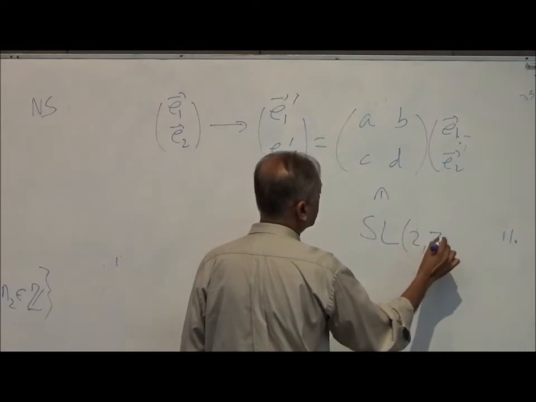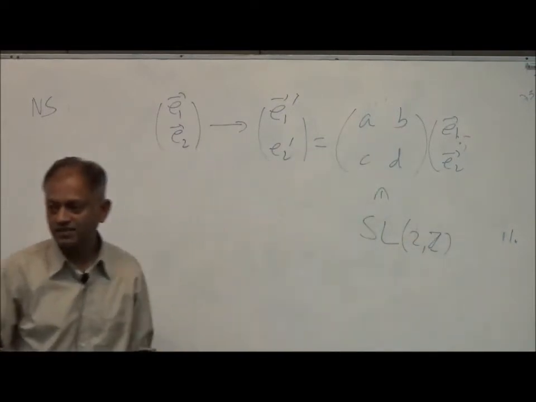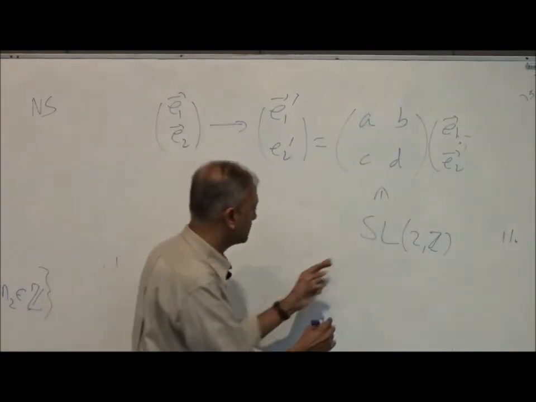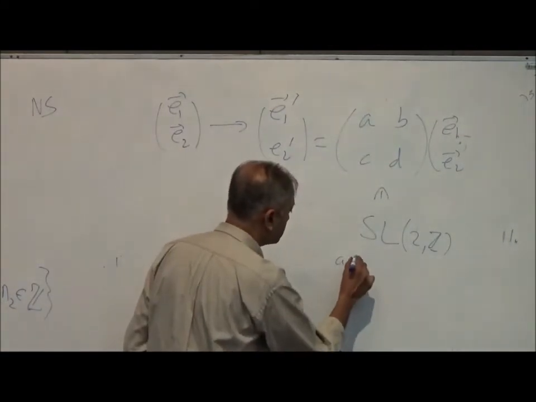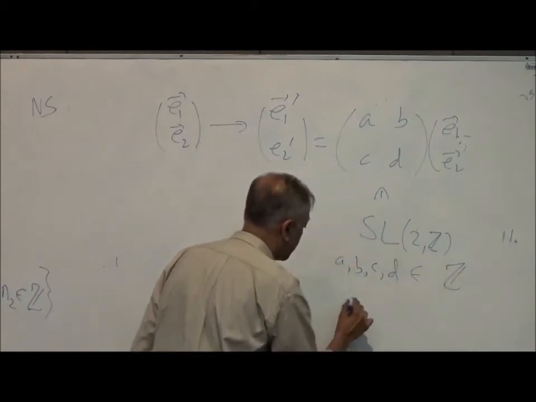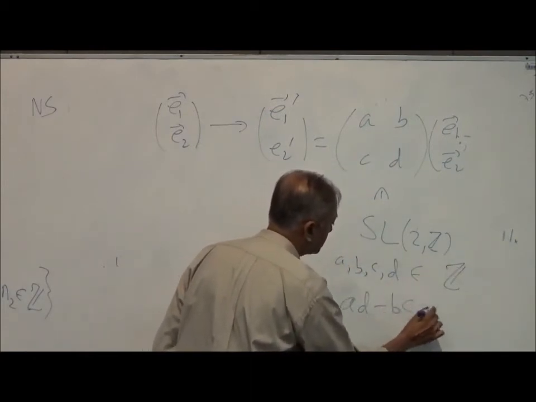Z just means that all these coefficients A, B, C, D are integers, and SL2 means the determinant is equal to 1. So this means A, B, C, D are integers, and AD minus BC equals 1.